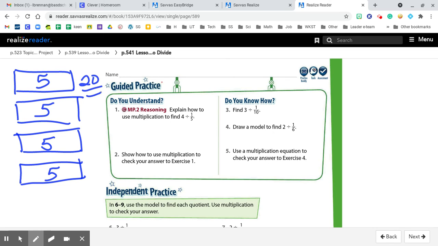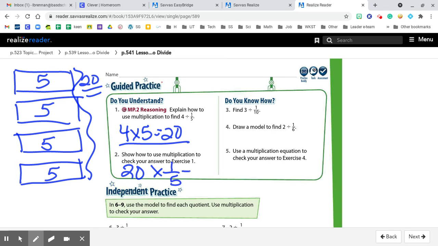Since there are 5 fifths in each whole, there are 4 times 5 equals 20. That's how I figured this out over here. And to write an equation for this, you can write 4 times 5 equals 20. Show how you use multiplication to check your answer in exercise 1. Well, I know 20 times 1/5 is going to equal 4. I'm just moving things around and changing my sign.